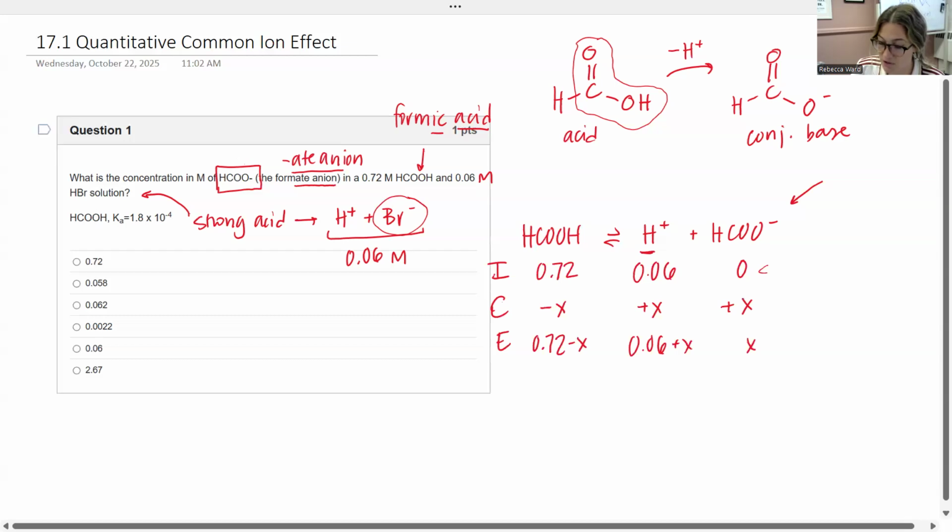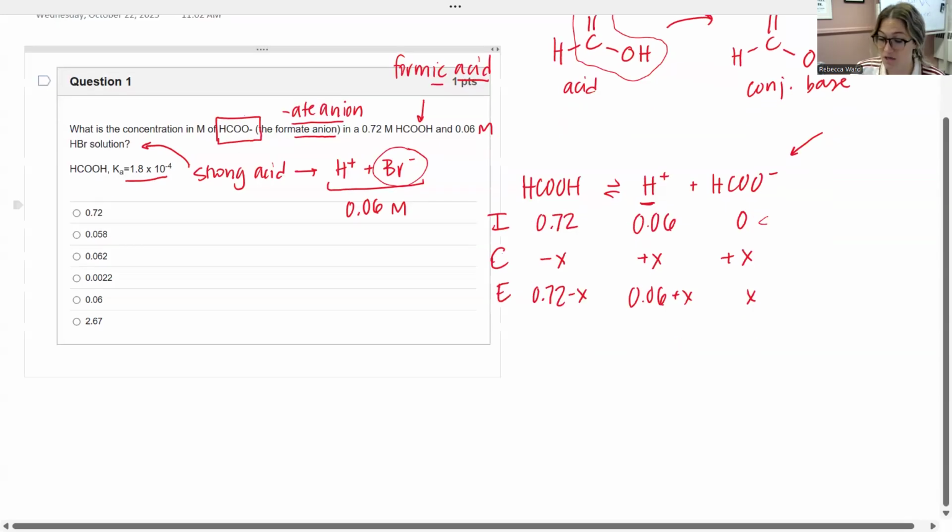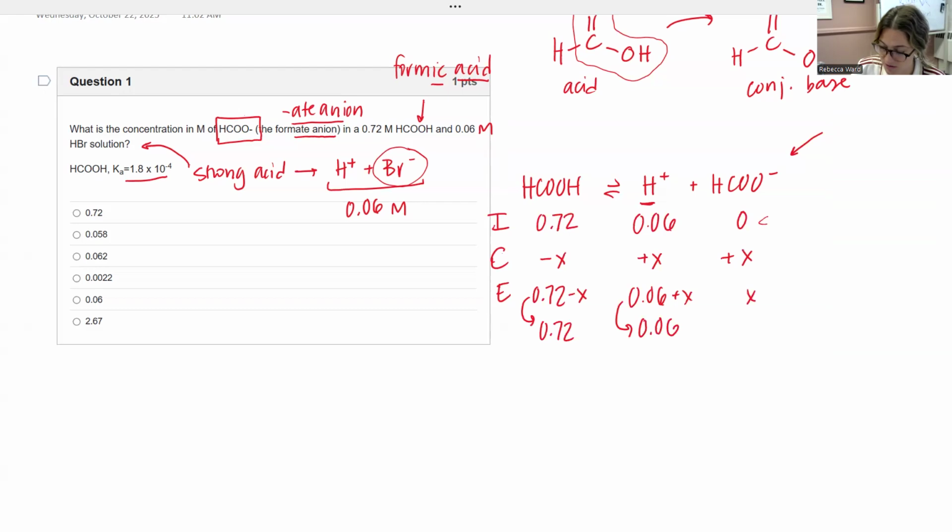I'm going to assume that this change in X is very small. We know that we have a small Ka value. We're not going to generate that much H plus, and we're not going to generate that much HCOO minus. So X is going to be small, which means that we can write 0.72 and 0.06. We're going to use our 5% assumption.